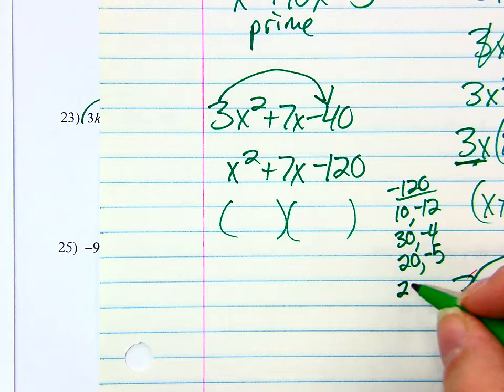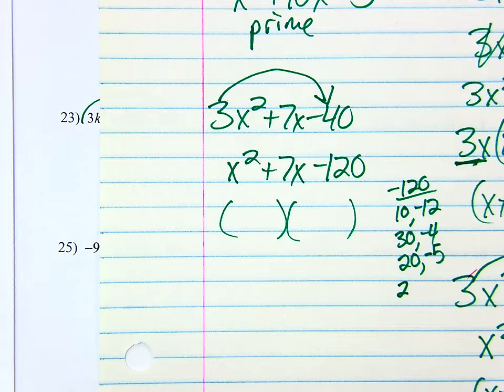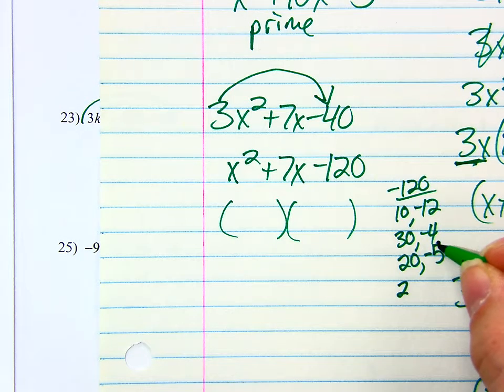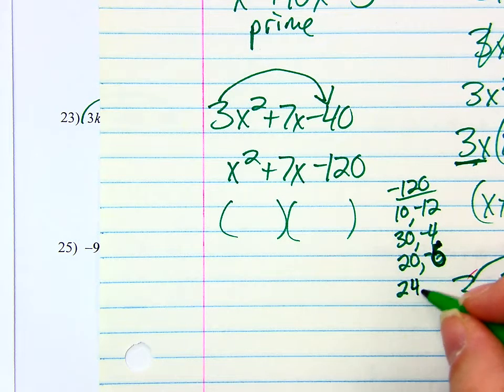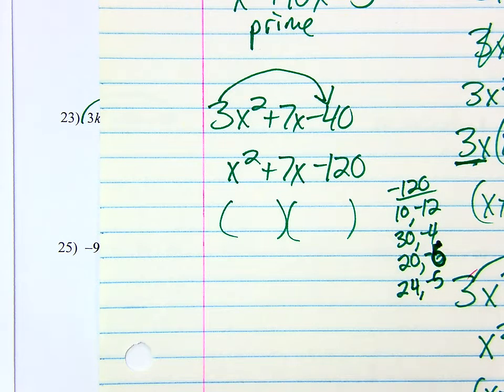Positive, oh, whoops. 20 is 6. Dopey. So that's 14. 24 and a negative 5. I gotta go smaller. 18. Nope. 15 and 8. There it is. Positive 15 and a negative 8.